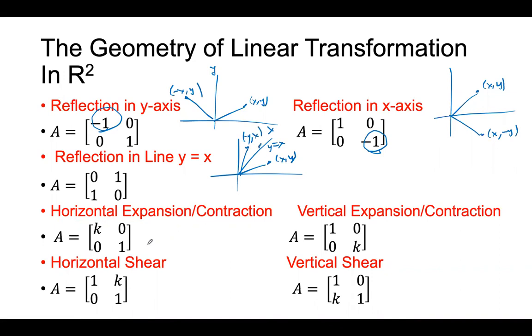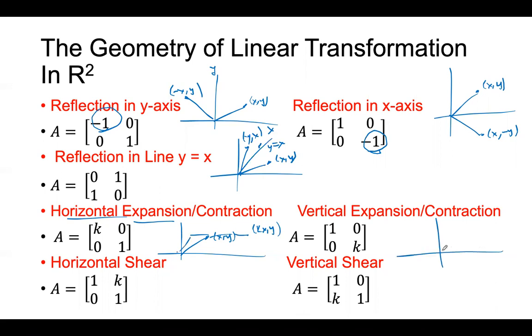Now horizontal expansions and contractions. We could draw this, but if we have a point here, xy, then we could expand it to kx, y. This would be a horizontal expansion, and a contraction would be when k is smaller.